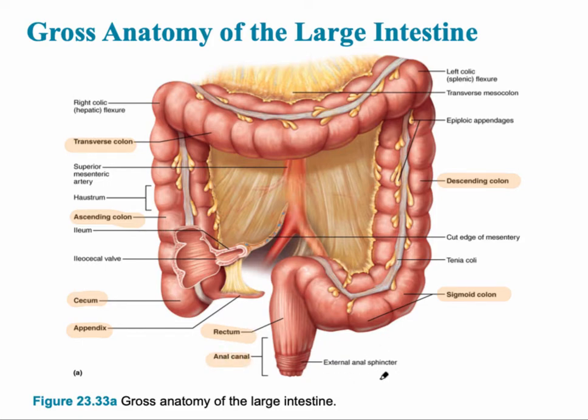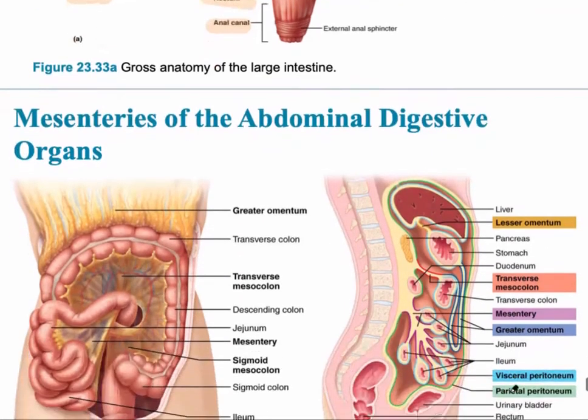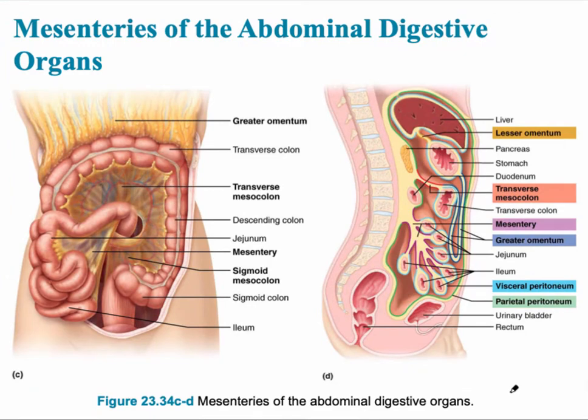And at the anal canal, there is an external and an internal sphincter. And we'll see those in a couple slides. So there are mesenteries of the abdominal digestive organs, and we can see them here. They are basically a fatty membrane that's going to hold the intestines together. This is a really good view of the mesentery from an anterior view.